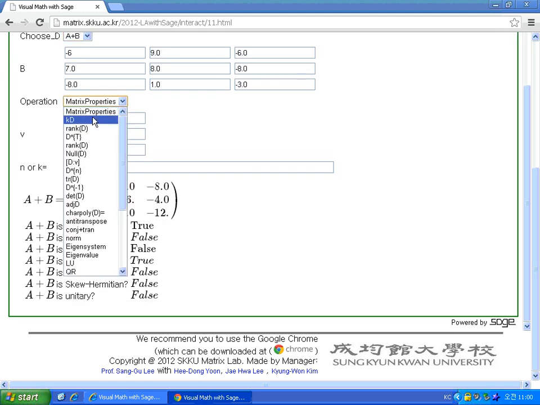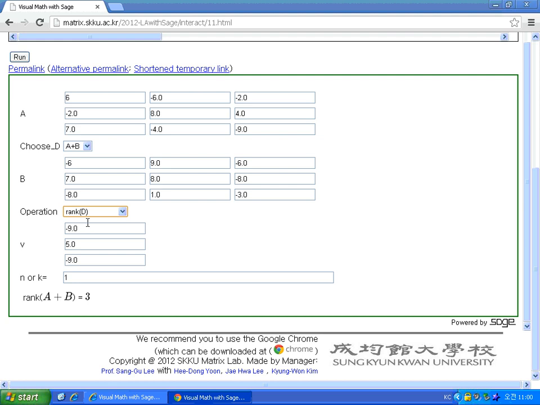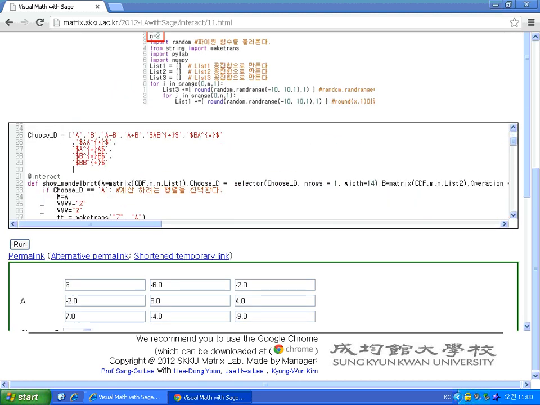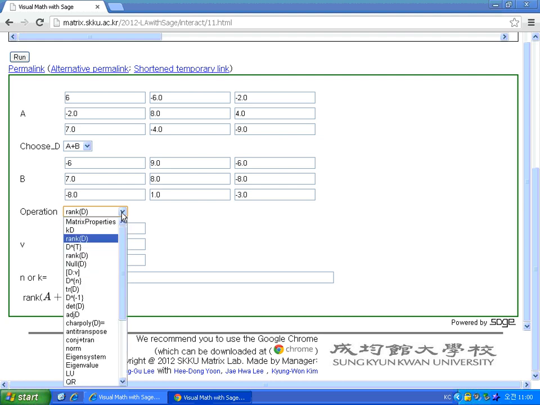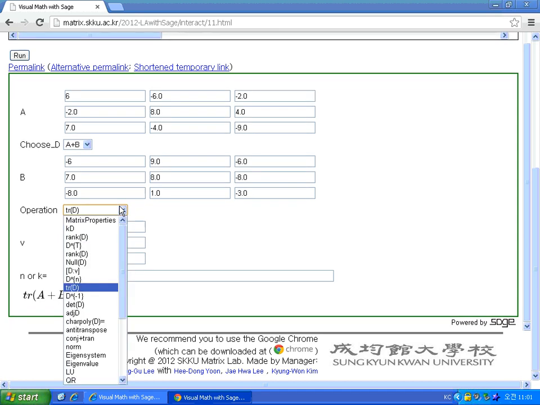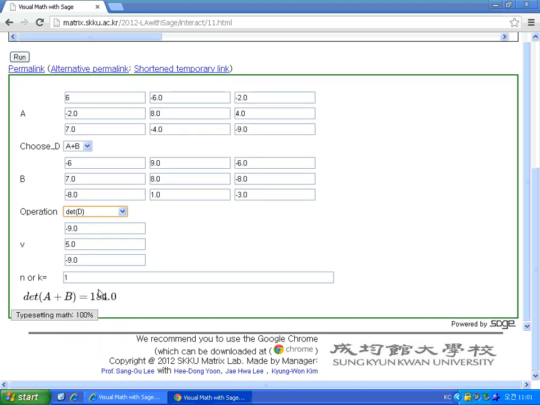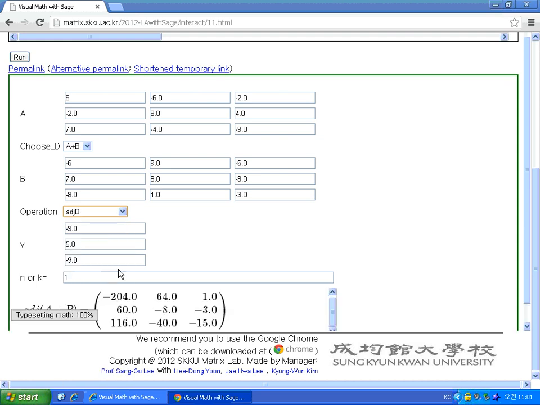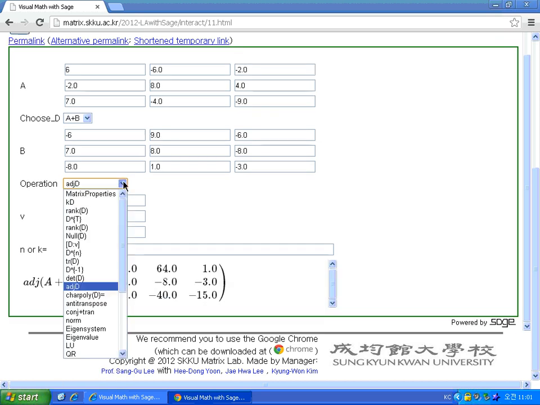Then you can find the rank of this matrix D. Then the rank is 3. And what else? If you find the trace, then the trace comes out like this. If you find the determinant of this matrix A plus B, that comes out like that. If you find the adjoint, then the adjoint comes out like this.